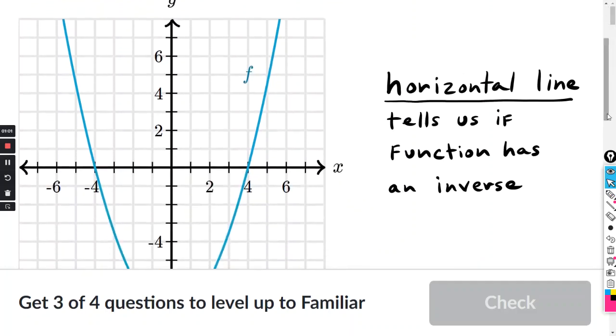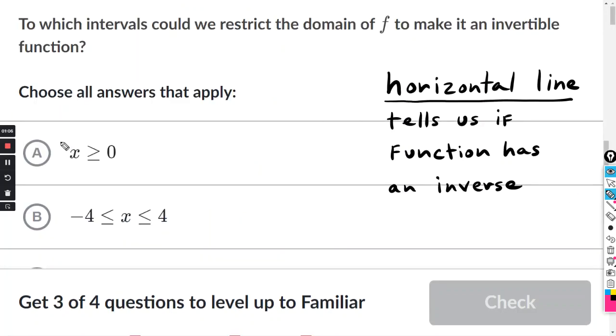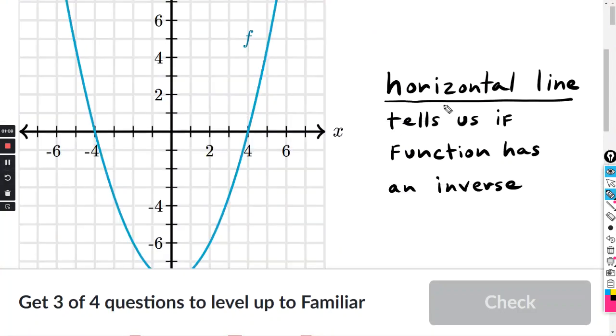We can see from the horizontal line test that this function does not have an inverse, because if I draw a horizontal line, it hits the graph of the function in more than one place. That means if we exchange the x and the y, it would have more than one output for each input.